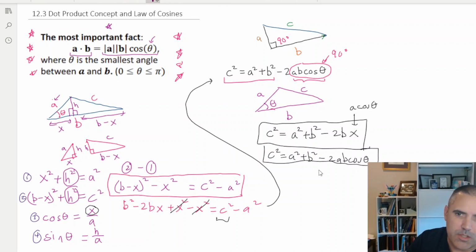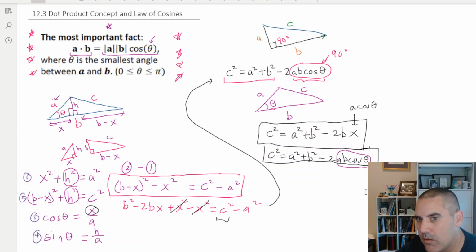At some point along the way, somebody's like, hey, this basically tells me how much I deviate from a right triangle. If it's 0, it's a right triangle. If it's positive, it's an acute angle. If it's negative, it's an obtuse angle. So I don't know the order of the history here.